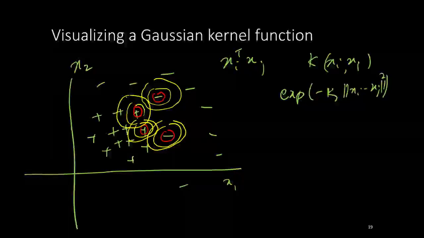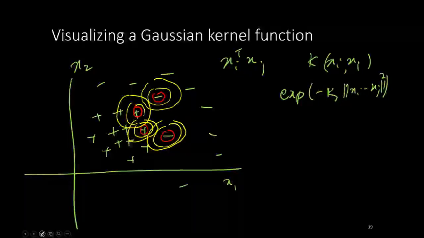And some linear combination of that, when it is equal to 0, will be the decision boundary. So your decision boundary will be something like the following, right? And that decision boundary is going to be linear in the phi space, but it is going to be non-linear in the x space.